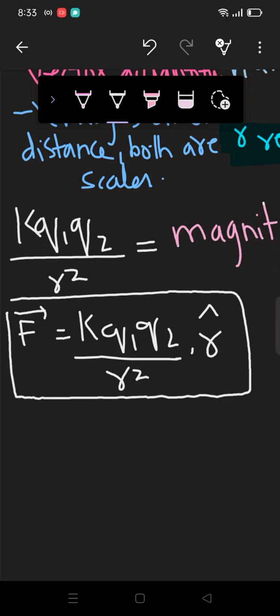So we have put an arrow on top of the force, as it is a vector quantity, equal to K Q1 Q2 over R square, that is the magnitude, multiplied by the direction, which is given by the unit vector, whose magnitude is 1.